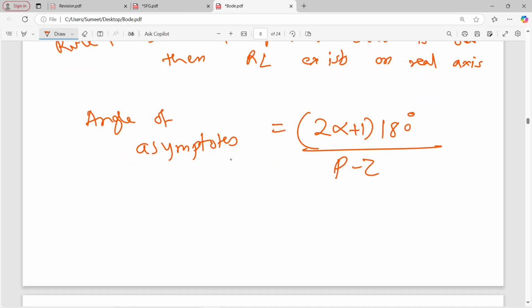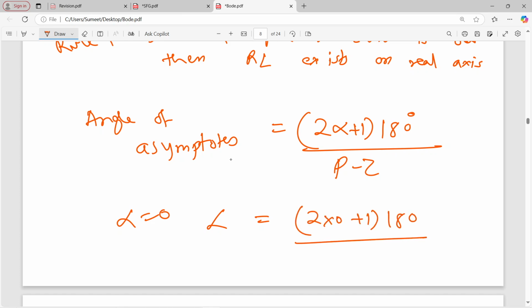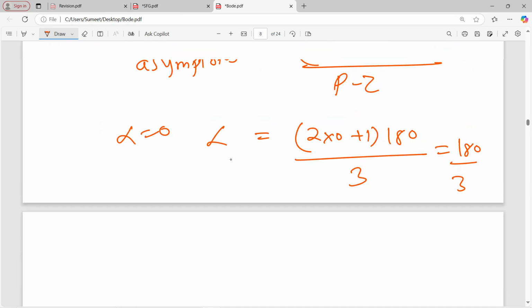So first of all, alpha equal to 0. So we get angle equal to (2 into 0 plus 1) into 180 degree divided by p minus z. There are 3 poles and 0 zeros. So 3 minus 0, that is 3. So it comes out as 180 upon 3. So the first angle is 60 degree.